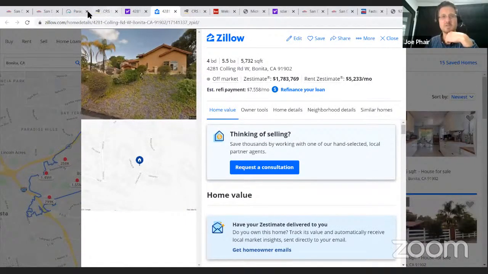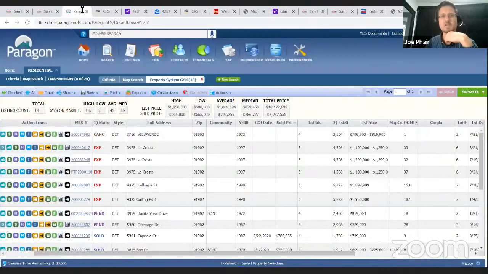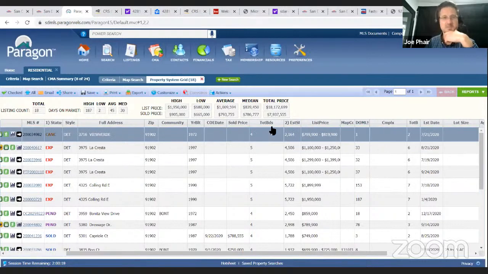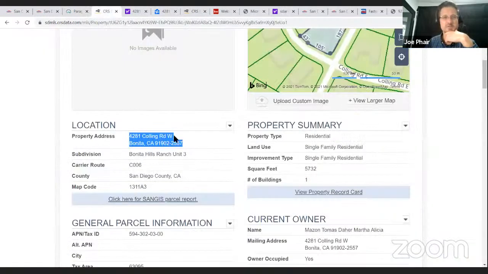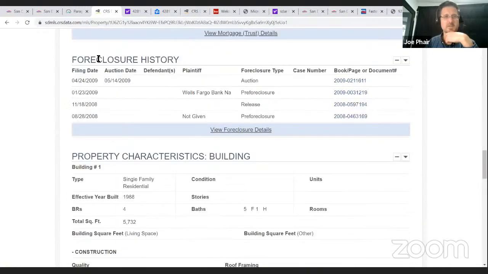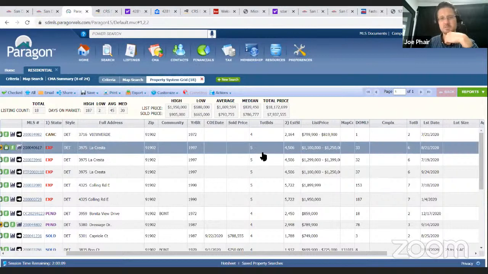Zillow has it at 1.7, but Zillow can't take into account condition. So what's the square footage? It was 5,700, did we say? Yeah, 5,700.